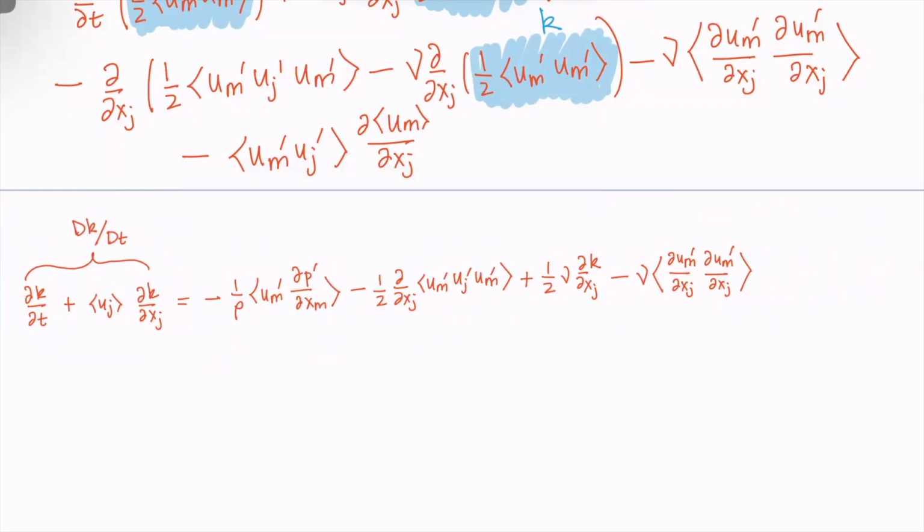And then last but not least, we have minus u_j prime partial partial x_j. Okay, so a couple things to note here. We have repeated indices.